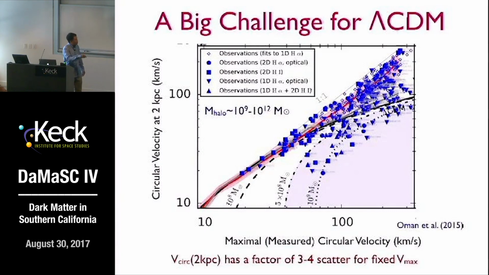Those indicate how much dark matter mass you have to remove such that you can bring the CDM curve down to match the observation, right? So that is called diversity. So what we wanted to explain is how you can accommodate such a large spread, okay? So that is the goal.